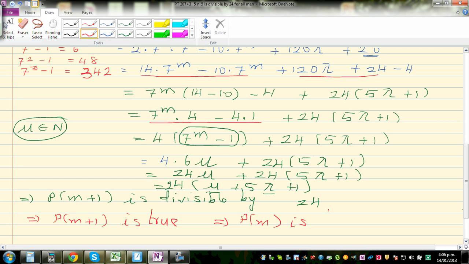Initially we accepted it to be true, and now if P of m plus 1 is true, P of m has to be true. So this implies we can say 2 times 7 to the power n plus 3 times 5 to the power n minus 5 is divisible by 24.